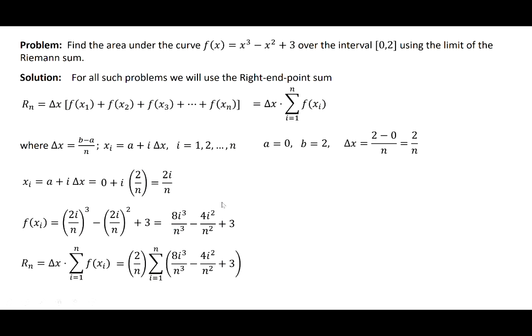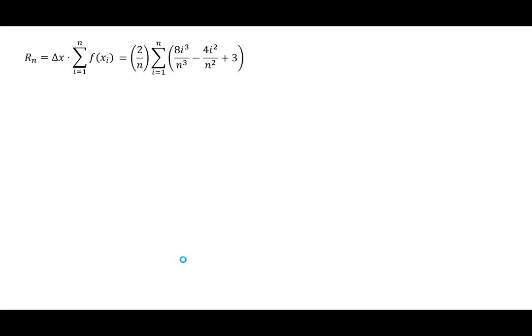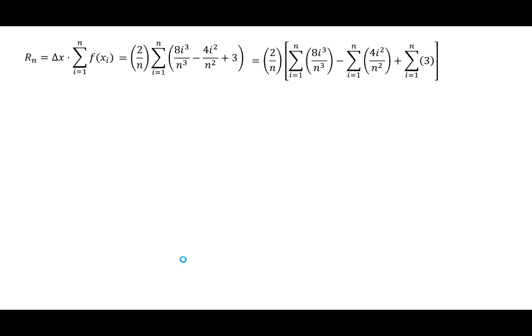Okay, once again, like before, can we recognize 8 over n cubed is a constant multiple for i cubed? We can pull this out. Okay, so 2 over n times, I split this into 3 separate ones, and we can pull this 8 over n cubed constant multiple outside, similarly 4 over n squared outside, and leave it as 3.